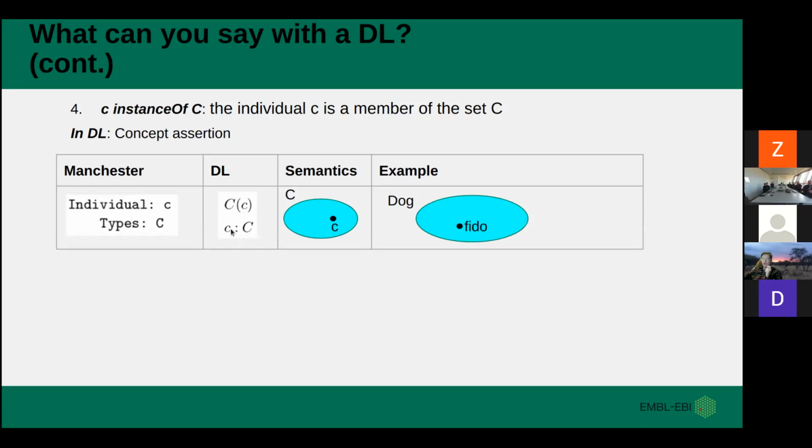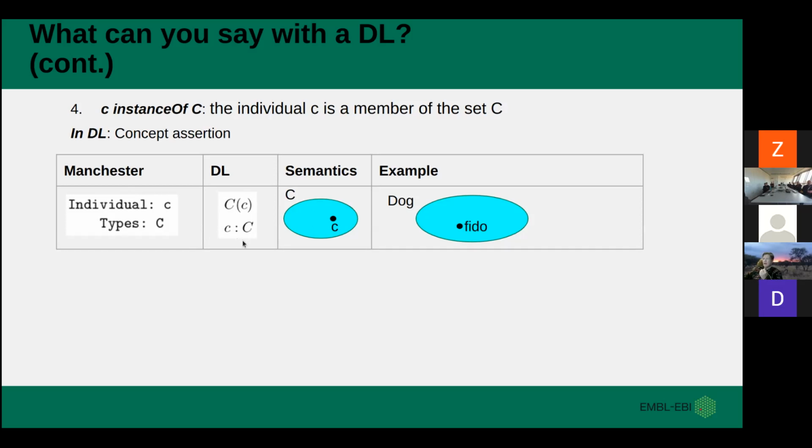As far as I know, this is the more recent notation. This is the older notation, though in An Introduction to Description Logic, the book that Bradley referred to at the beginning of this session, they make use of the bottom notation. But that book was started in the 90s already. So even though it was only published in 2017, it's been in the process of being written for many years.